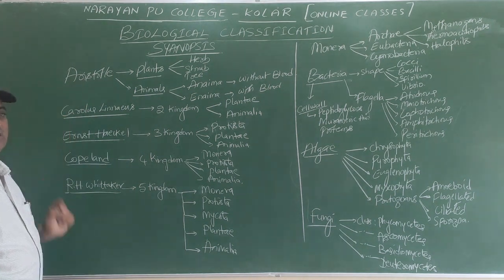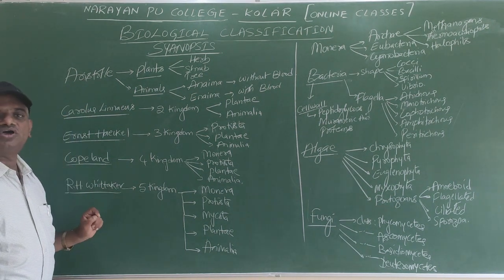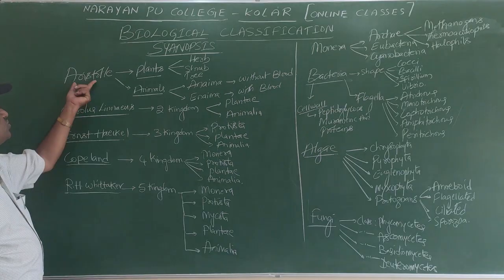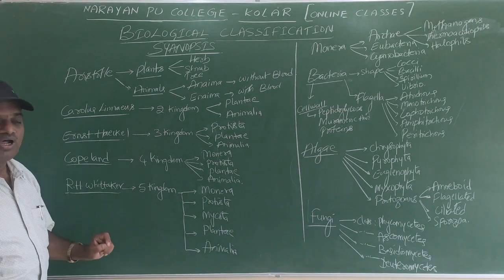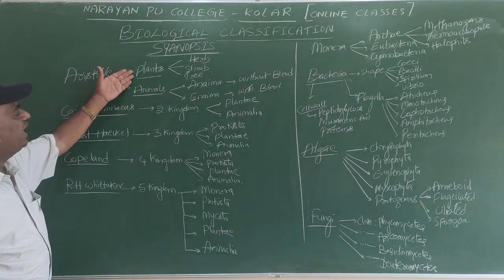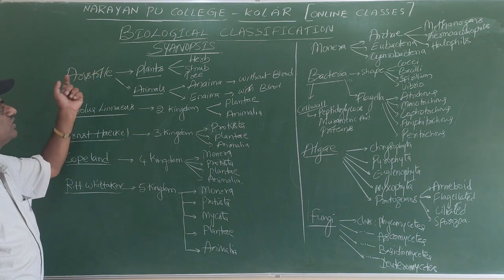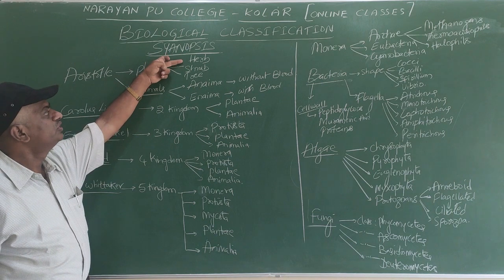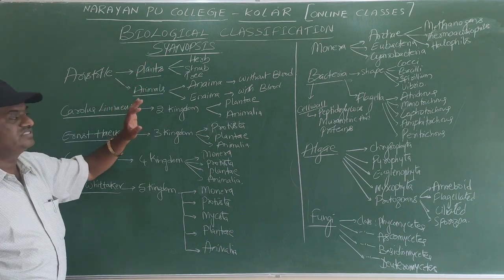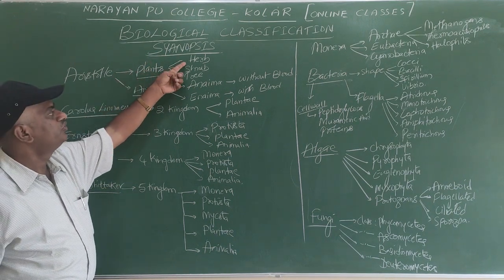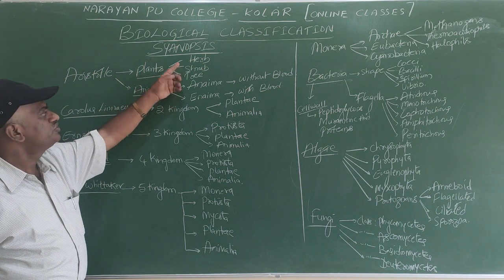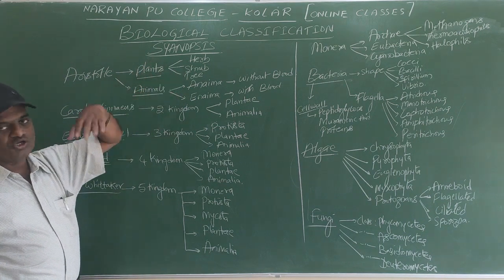Aristotle is the father of biology, and he is also called the father of zoology. He classified plants and animals. In plants, Aristotle classified the plants into herbs, shrubs and trees. Herbs are small plants, shrubs are medium level, and trees are the bigger ones.